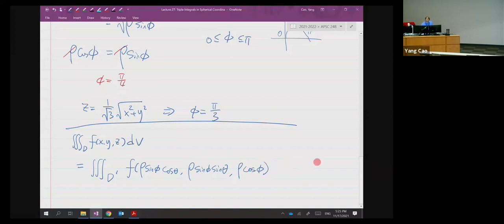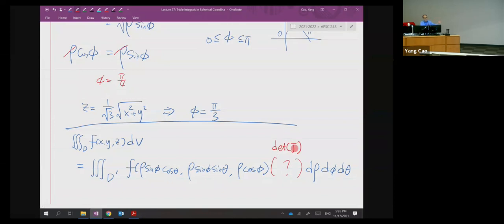And dV is not going to be dx dy dz anymore. It should be something like d rho, d phi, d theta, these three new variables. So the question is, what should be inserted here? It's a certain scale factor. If you recall, this question mark should be given by the determinant of the Jacobian matrix, which is basically a transformation of the coordinate system.